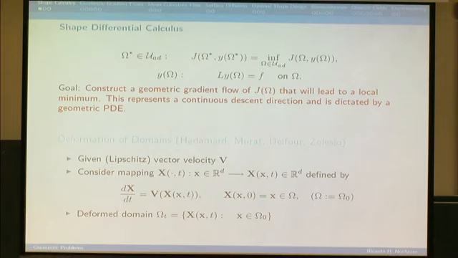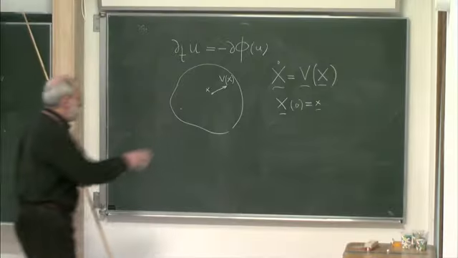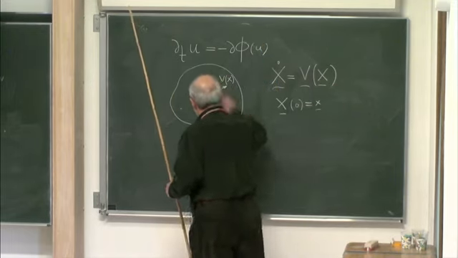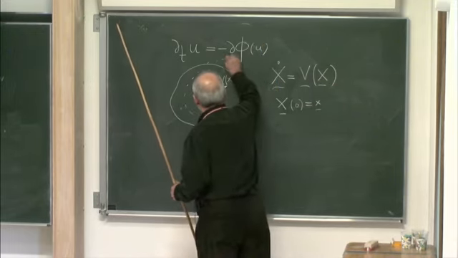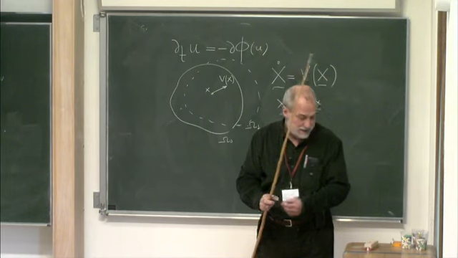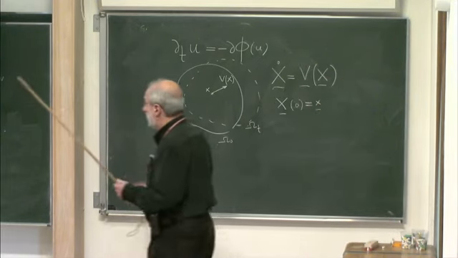So with this flow, given a velocity, assuming the velocity is, say, for instance, Lipschitz, so that there is a unique solution of this flow, you can deform the domain. And that way, you can go from an initial domain, let's say omega naught, to a deformed domain, omega t, where t will be the time evolution. So imagine that this is omega naught, and this is slightly deformed into omega t.